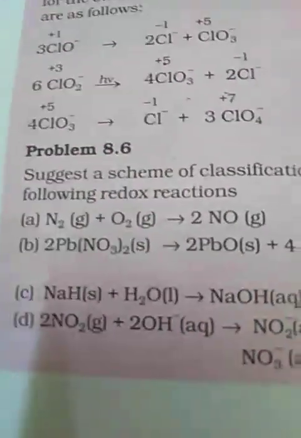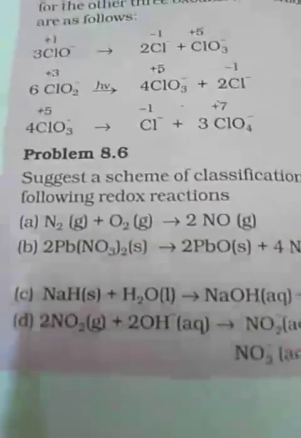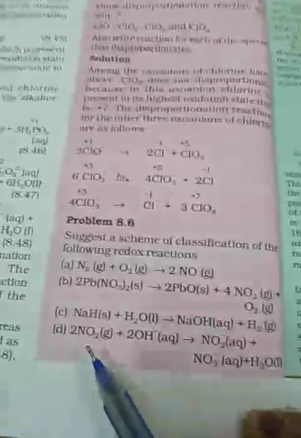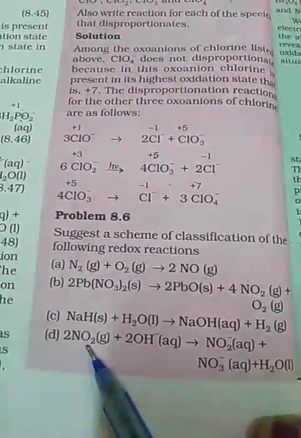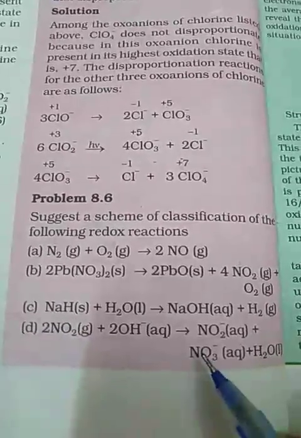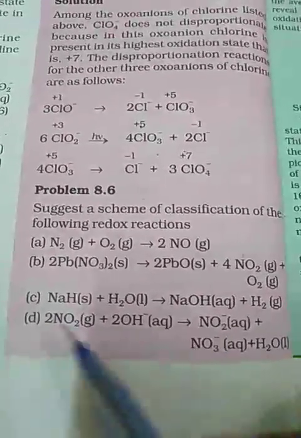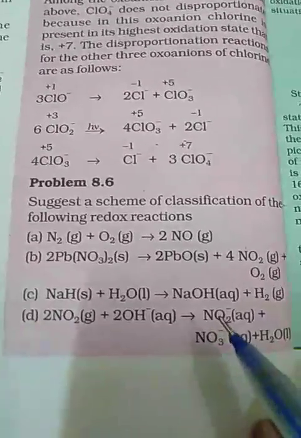Fourth one, this is the example of disproportionation reactions because you will see the oxidation state of NO2 here and here. NO2 is converting into these two states. So in one state it is going to oxidize and in one state it is going to reduce.